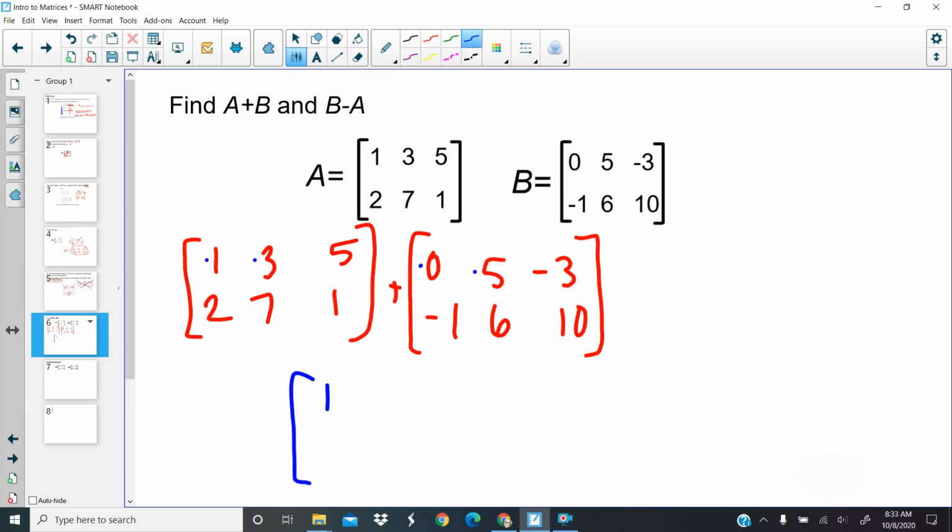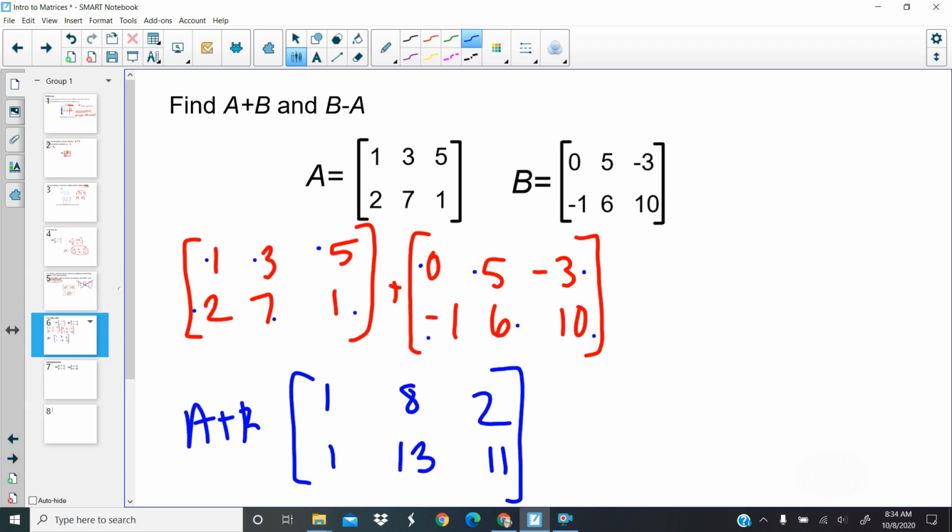And then I have 3 plus 5, and I'm going to get 8. 5 plus -3, and I would get 2. 2 plus -1, and I'm going to get 1 again. 7 plus 6, I would get 13. And then 1 plus 10, and I would get 11. And so that would be my resulting matrix if we did matrix A plus matrix B.